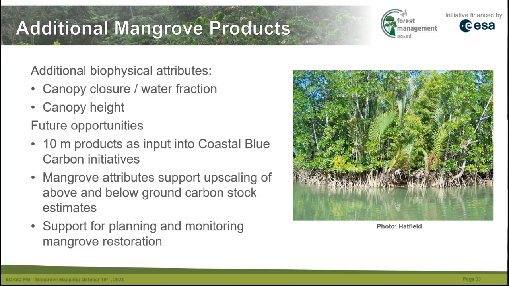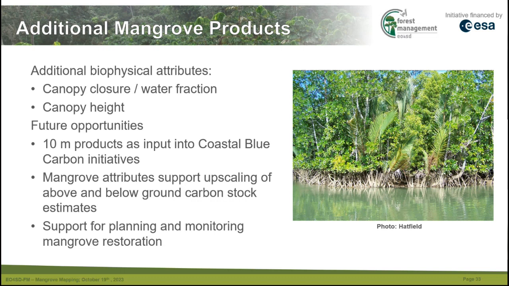Canopy height is another useful attribute of the mangrove area. So if we know how high the canopy is, that could help us to understand the condition of the mangrove and potentially some of the different species types that may be present.